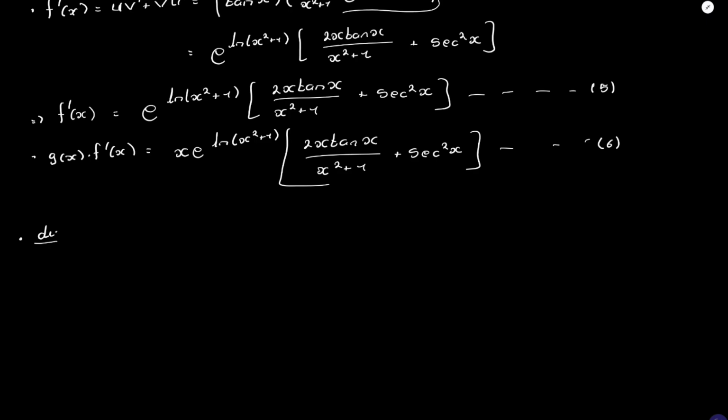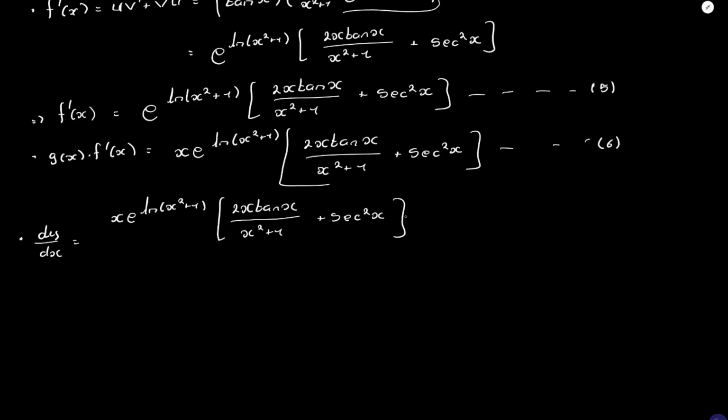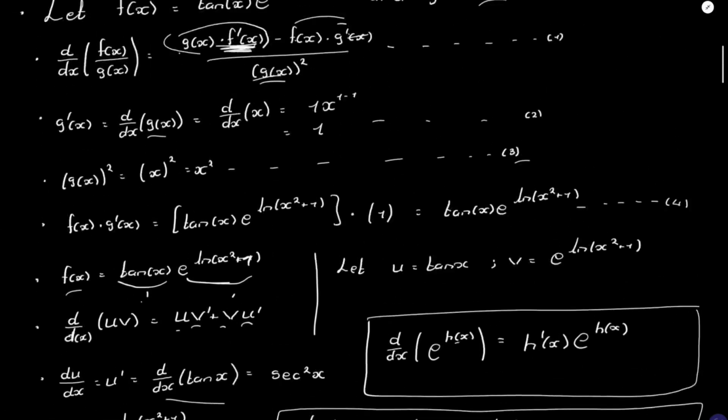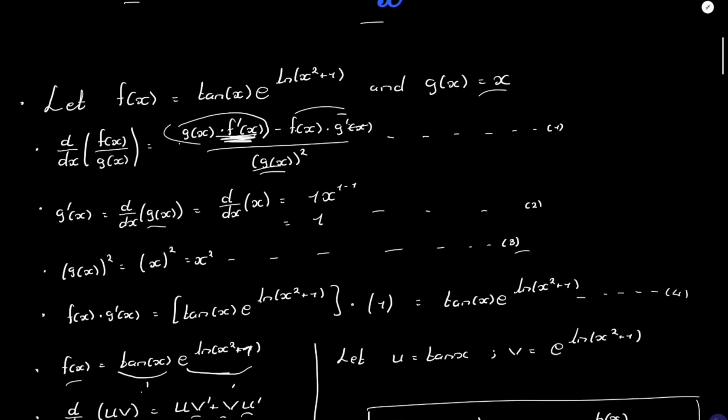dy on dx is equal to our first term x e to the ln of x squared plus 1 in braces 2x tan x on x squared plus 1 plus sec squared x, minus our next term, which was f of x g prime of x.